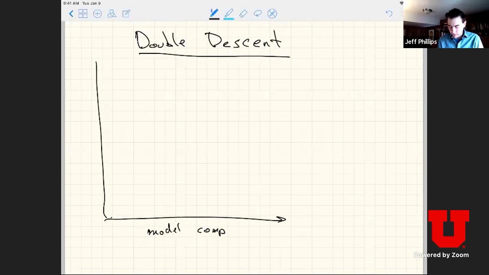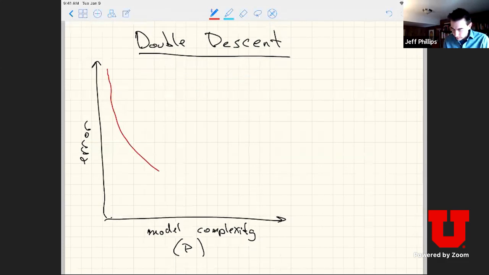Okay, so there's this idea that the model complexity, think of it as a proxy for this, think of it as the polynomial size p. And think of this as the error. On your training data, as the model complexity goes up, the error is going to go down.